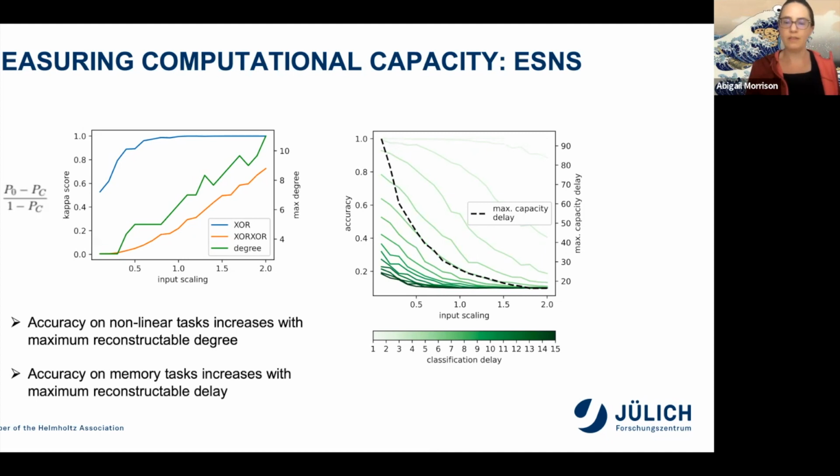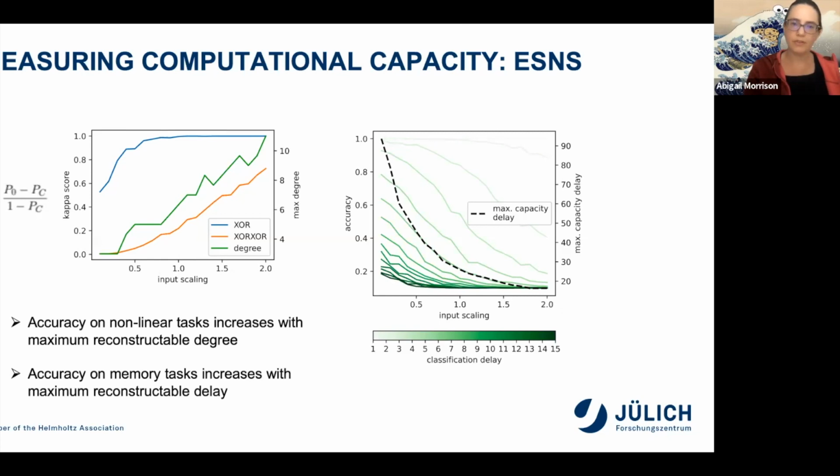So the immediate classification can be solved by all the systems, no matter how they're configured. But the further we look back, the more it's only the systems on the left-hand side that can solve that. So this was all echo state networks, which are generally much easier to deal with than spiking networks.